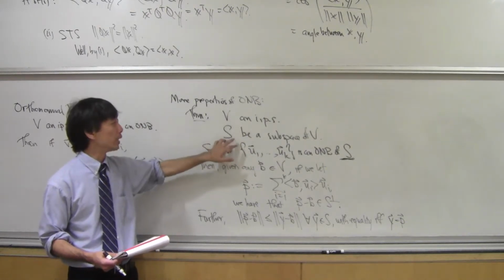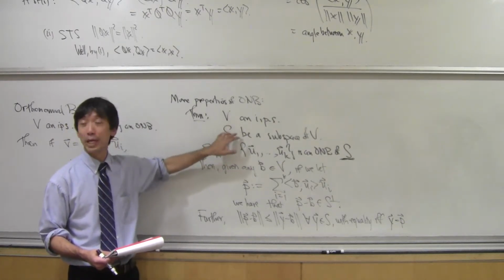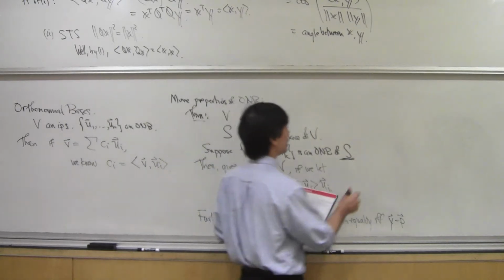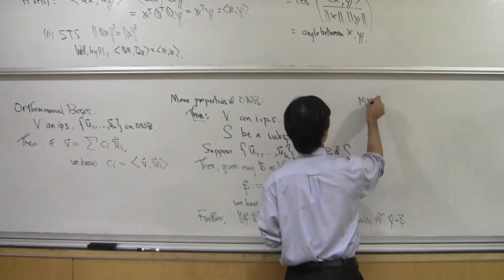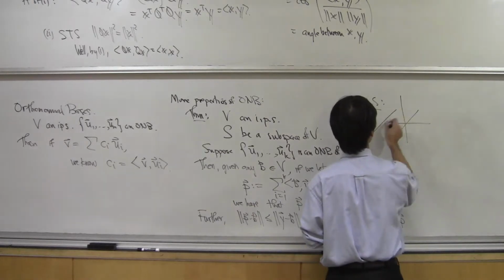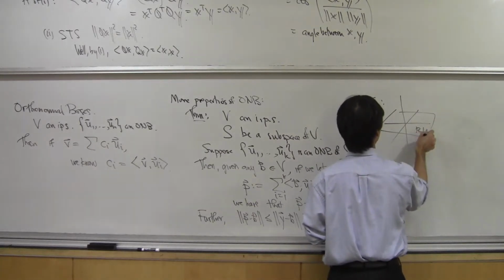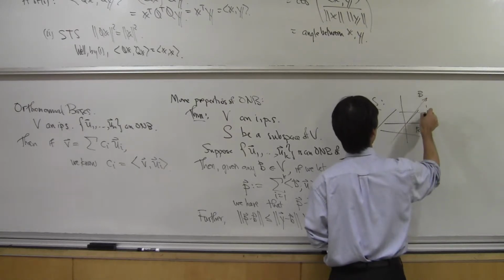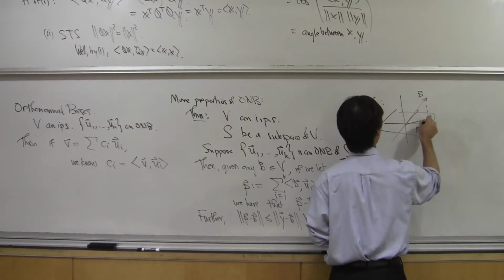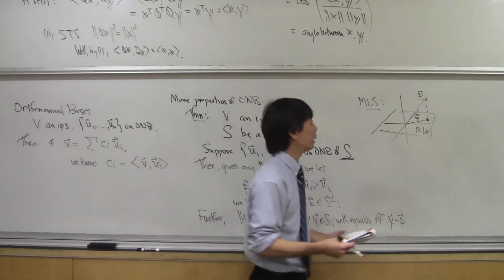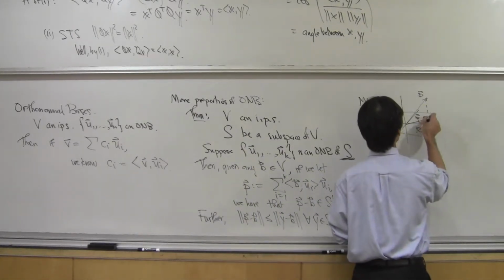With least squares, your V was R^n, your S was the range of A. For the method of least squares, we had some range of A, some vector b, and we wanted to find the vector p in the range of A that was closest to b.